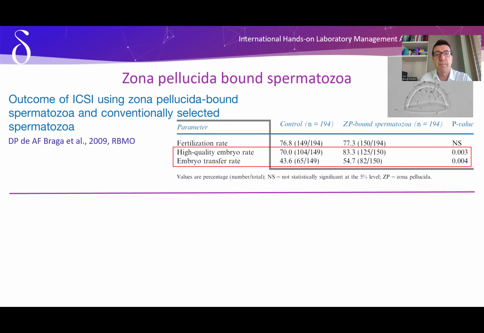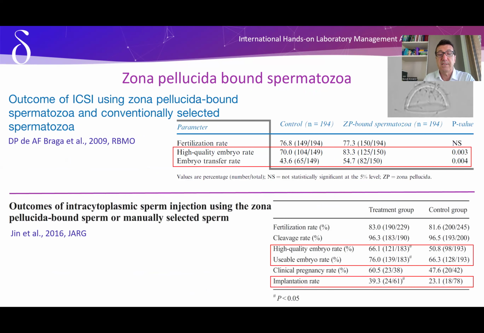The zona pellucida bound spermatozoa showed, when they're used for ICSI, the authors showed the high quality embryo rate and the higher embryo transfer rate in this study than in the control group.